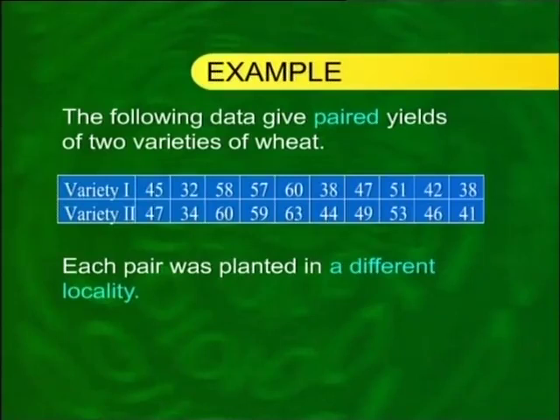The values are that for locality number 1, the yield for variety 1 is 45, whereas the yield for variety 2 is 47. Similarly, for locality number 2, the yield of variety 1 is 32 and the yield of variety 2 is 34. इसी तरह से हमारे पास बाकी figures मौजूद हैं.